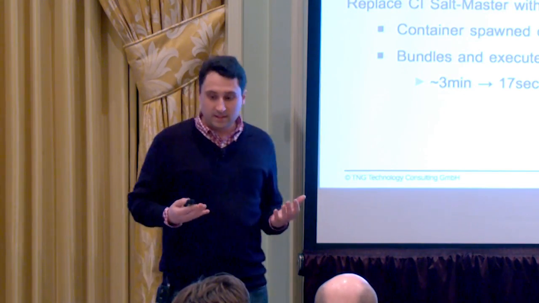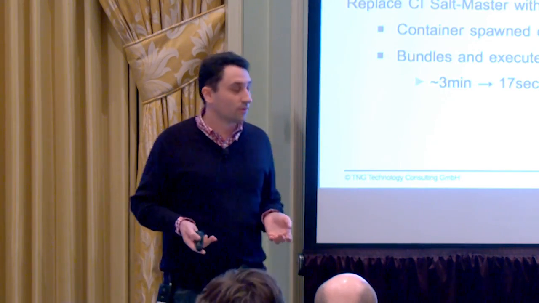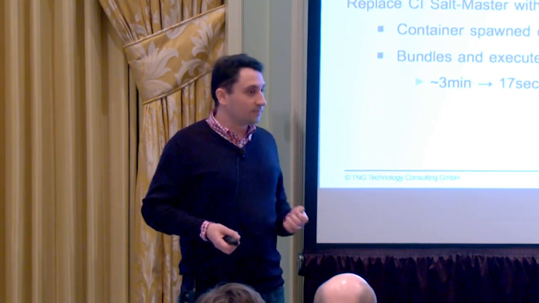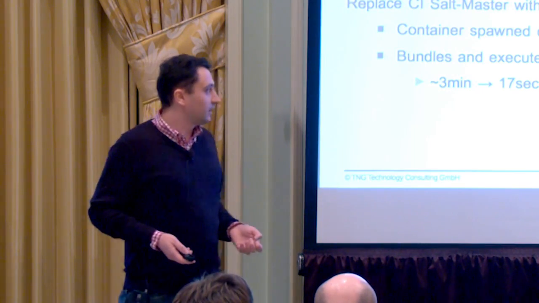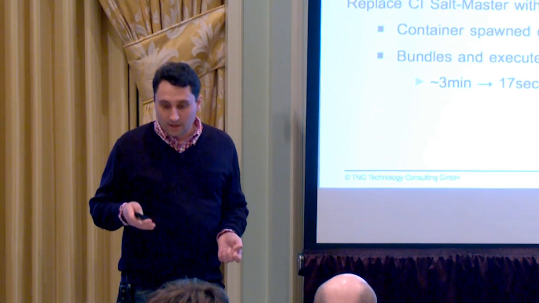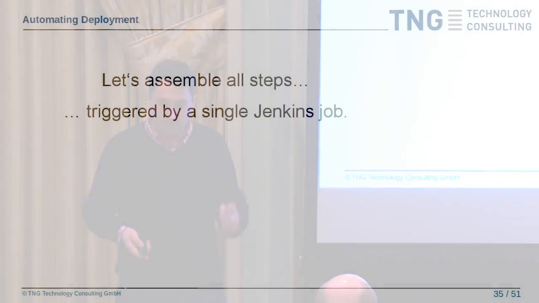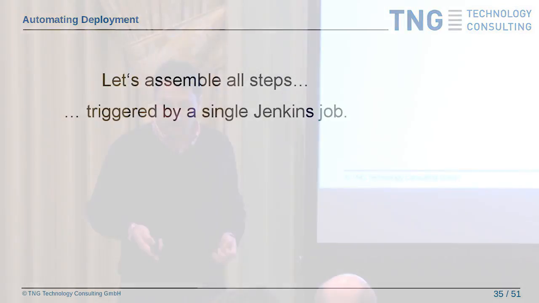And with that kind of change, which was actually something like 2 hours or so to move from a master minion setup to Salt SSH, we brought down that step from 3 minutes to 17 seconds.